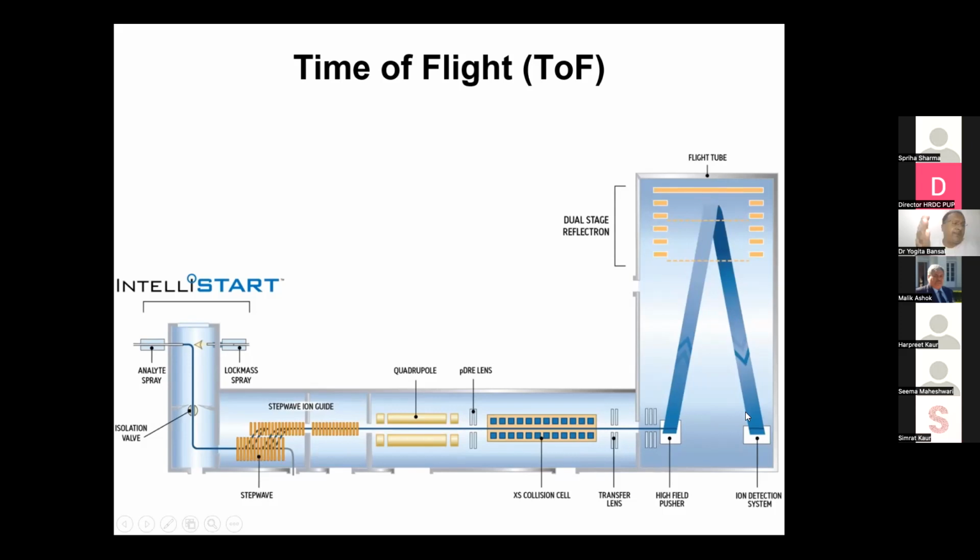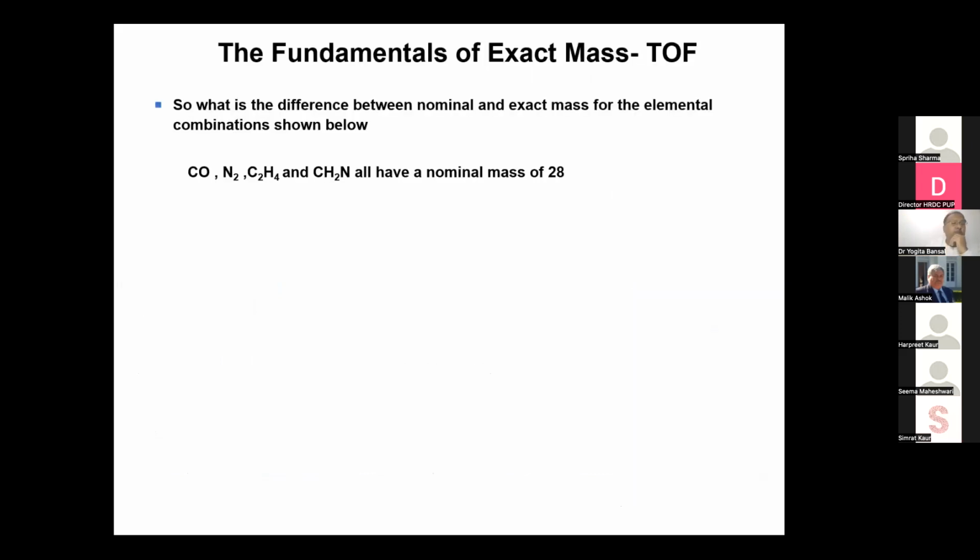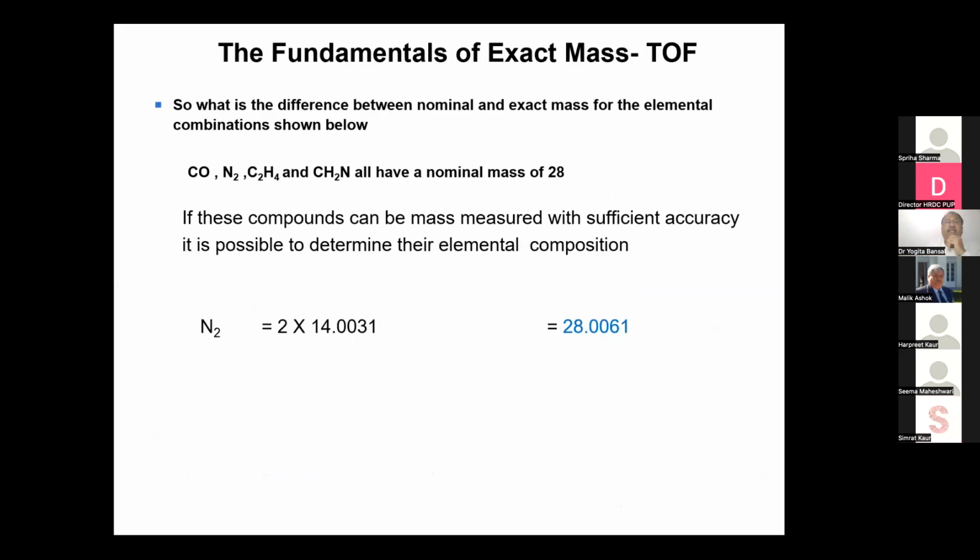The larger the flight path, the larger the resolution. Like in UPLC columns, if we increase the length of the column, we can increase the resolution. Similarly, if we increase the flight length, we can increase the resolution. With this time of flight, we can find out the exact mass.